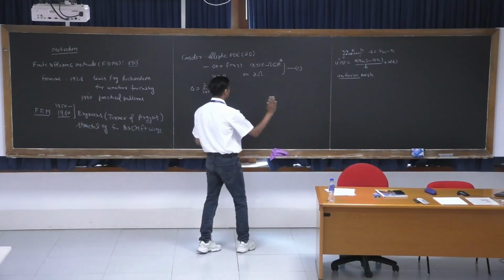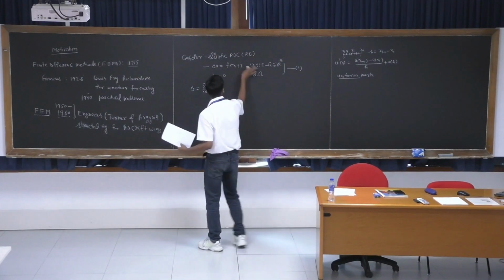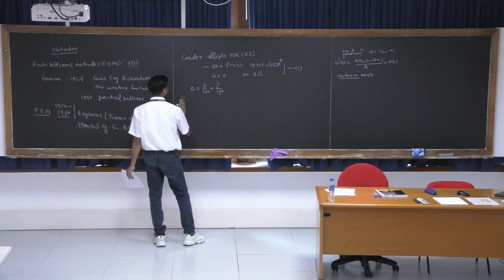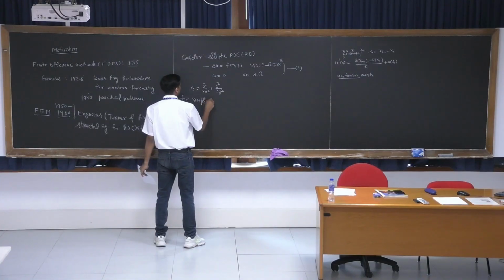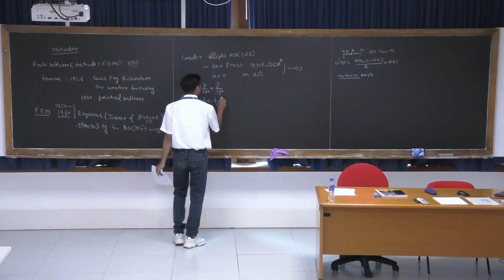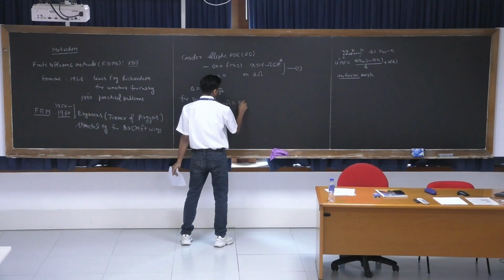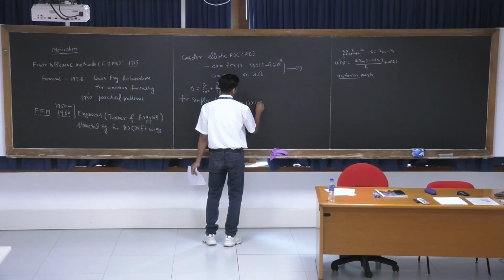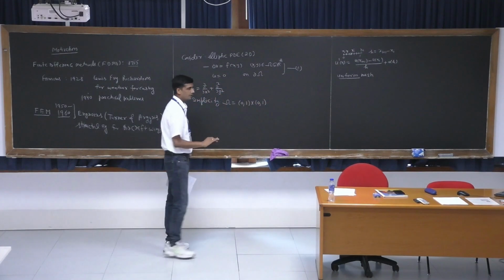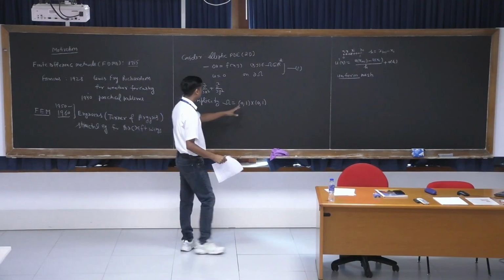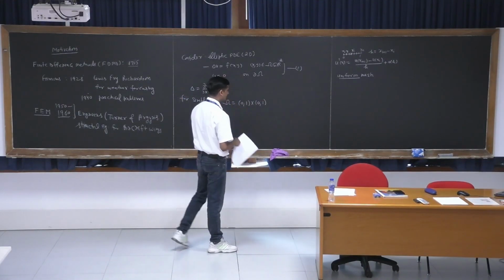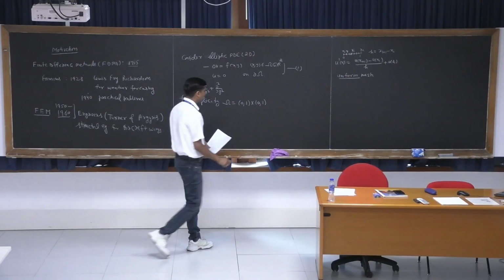For simplicity, I am considering this domain to be just a square domain. It is open, and this is closed, no problem. But at the boundary, the solution is given. That's fine. So this is our domain here.